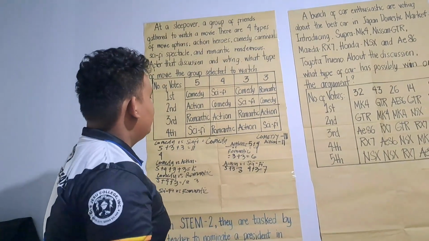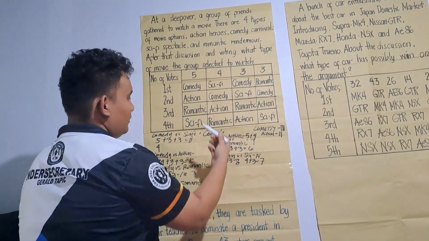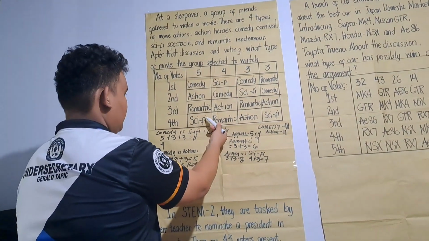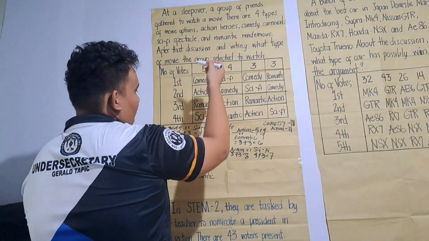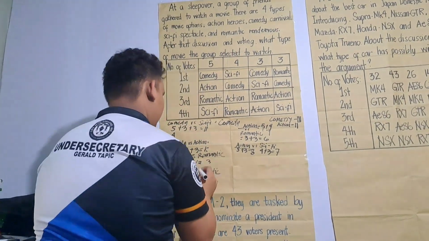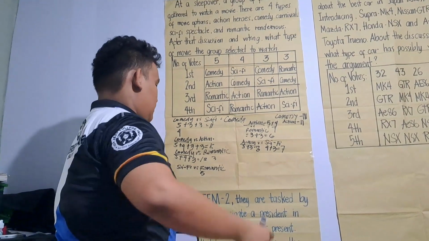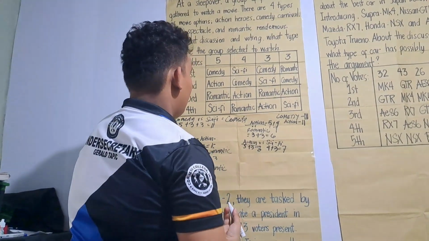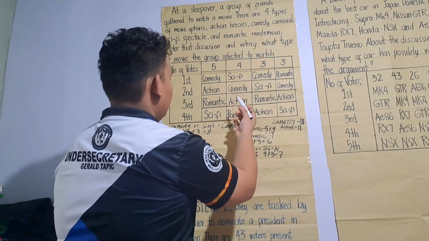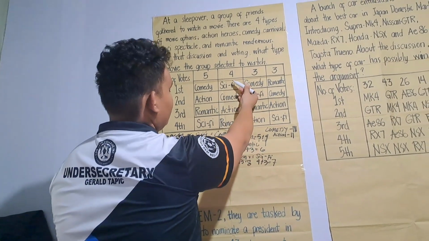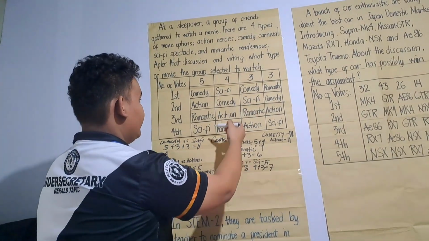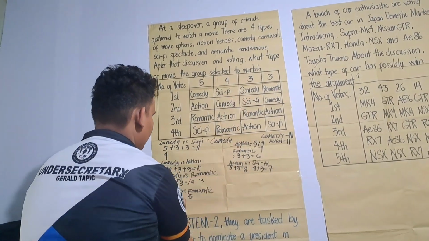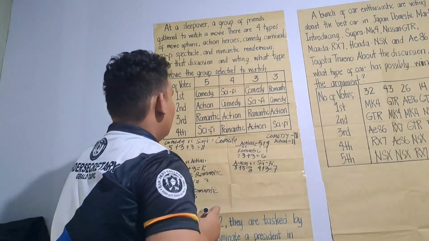In the table, in the first column, sci-fi is last, so the 5 voters go to romantic. Then in the second column of the table, sci-fi goes first, so the 4 votes go to sci-fi.